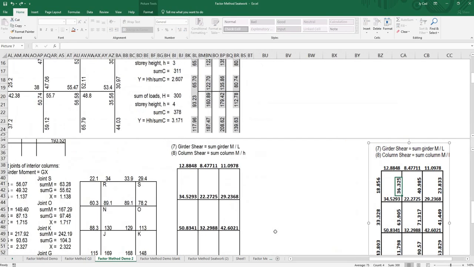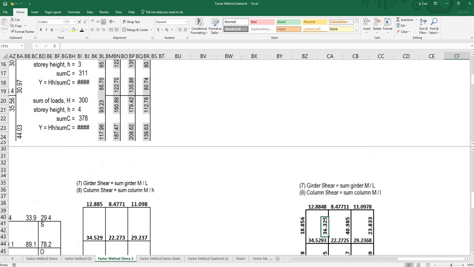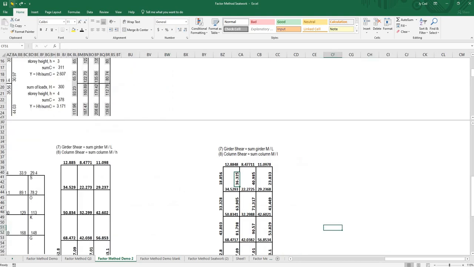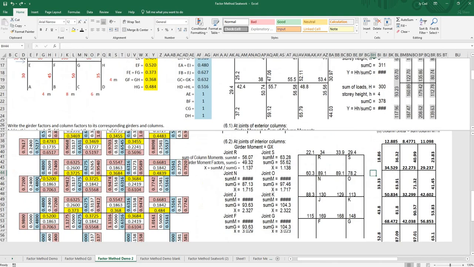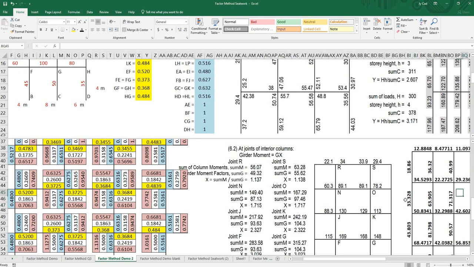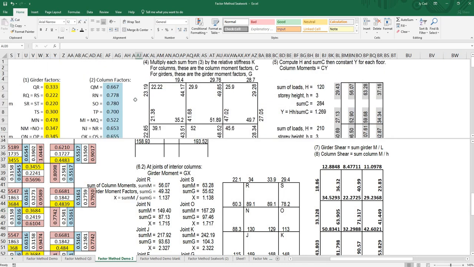So ito na siya. Yan. So this is combined girder shear and column moments. Okay guys, so ulitin ko, ang una nating isinolve dito sa factor method would be girder factors step 1, tapos column factors step 2.